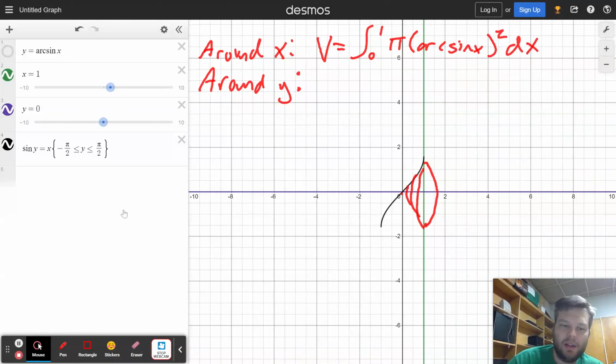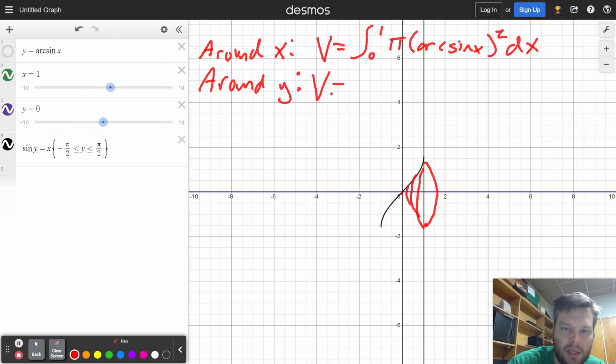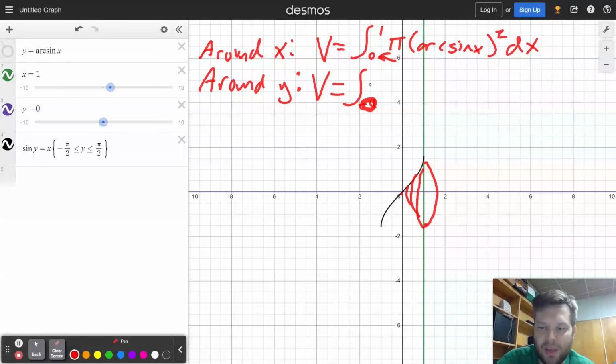So if I want to find the volume rotated around the y-axis, I need to figure out what those y values are. My old one was from x equals 0, so it's y equals 0, because if x equals 0, arc sine of 0 is also 0. And then up to 1: if x equals 1, you get y equals pi over 2.